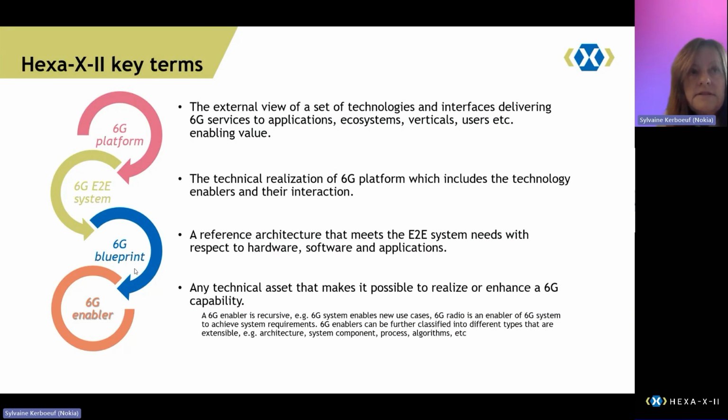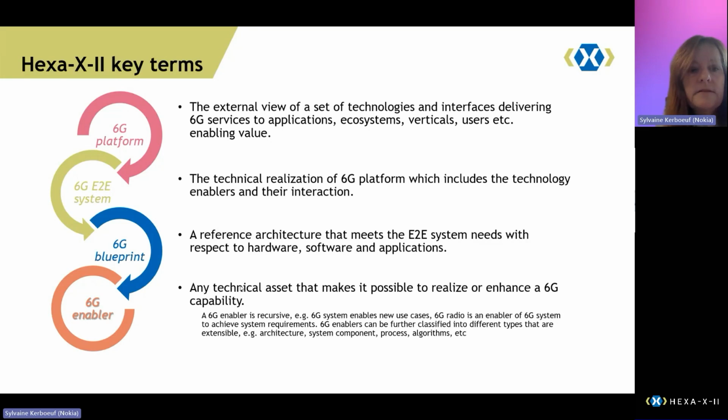Then we've got the 6G blueprint, which is a reference architecture that meets the end-to-end system needs with respect to hardware, software, and application. And in Hexa-X-II, we've got 6G enablers, and an enabler for us is any technical asset that makes it possible to realize or enhance our 6G capabilities.